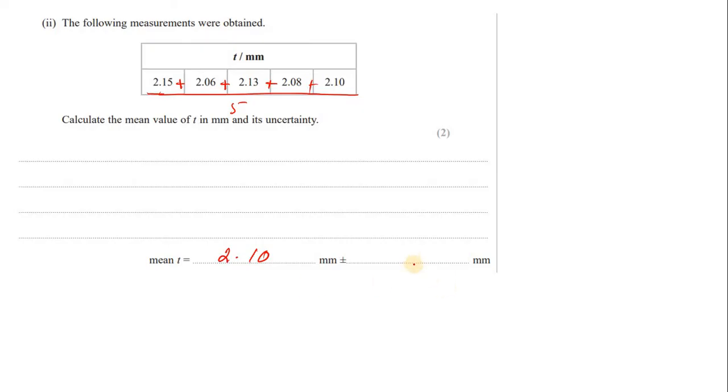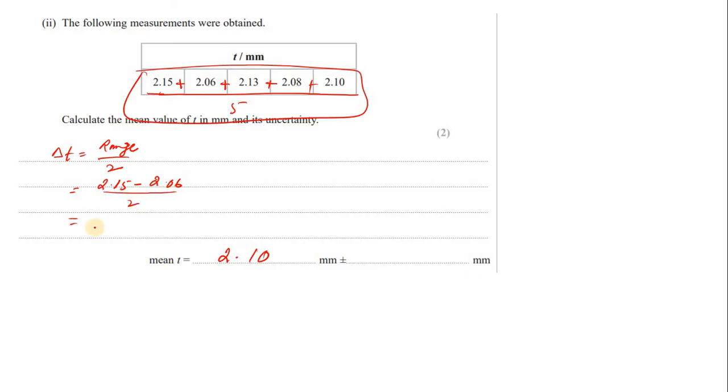Regarding the uncertainty, so uncertainty delta T will be, I did not show this working, so you have to show this working here. Delta T is uncertainty, which is range divided by 2. So range is highest minus lowest value. So 2.15 minus 2.06, divided by 2.